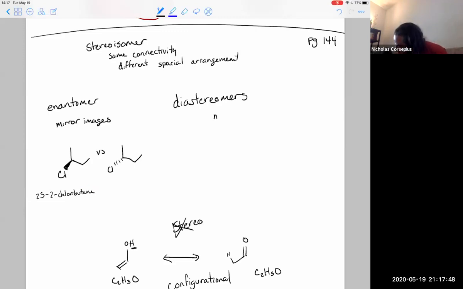Diastereomers are not mirror images, but they're still stereoisomers.